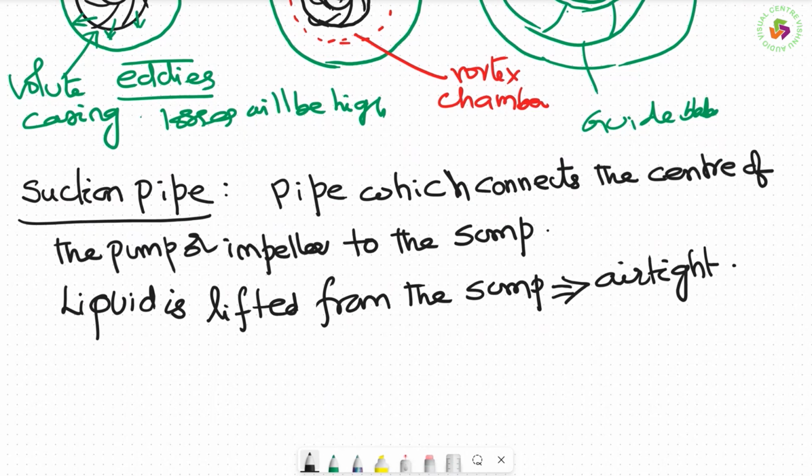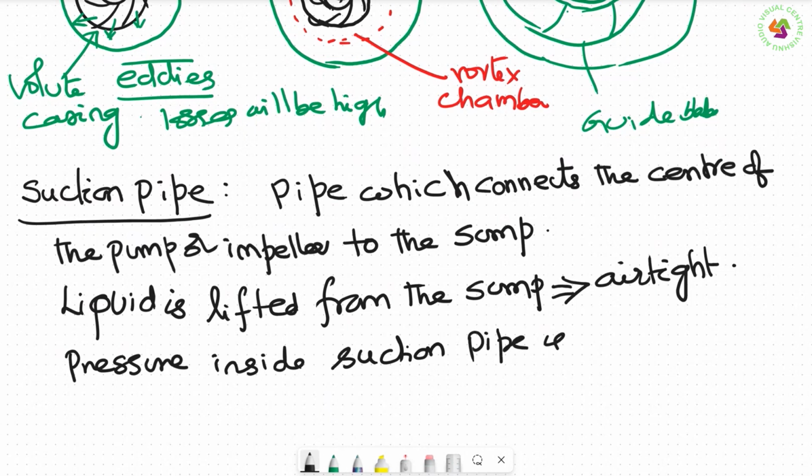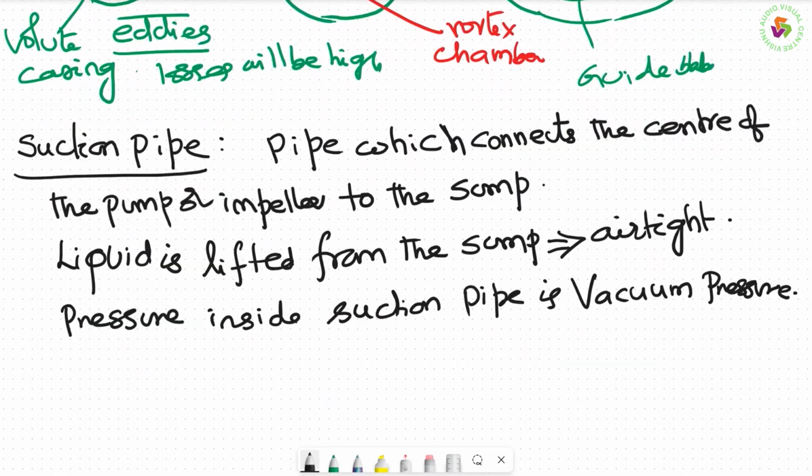The pressure inside the suction pipe is vacuum pressure, that is, less than atmospheric pressure. So at the center of the pump, please note that it is negative pressure. It is suction pressure. This is one of the very, very important things.